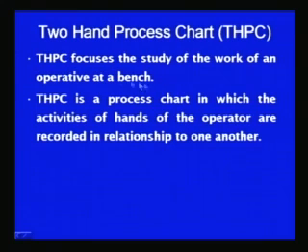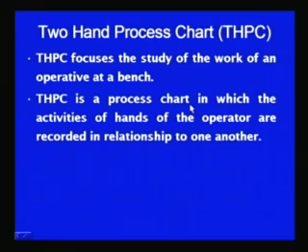This is the first chart which is used to show the kind of movements of the operator at a bench. So, the two hand process chart focuses on the study of the work of an operator at a bench.